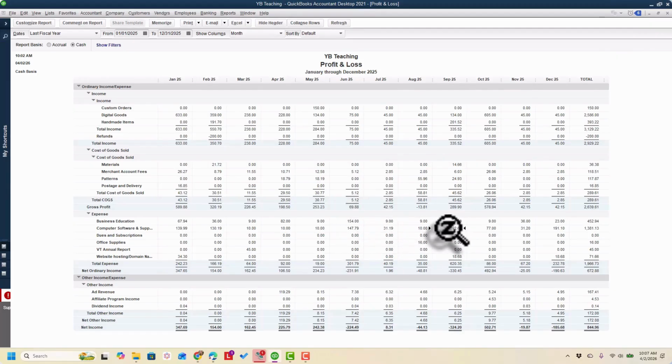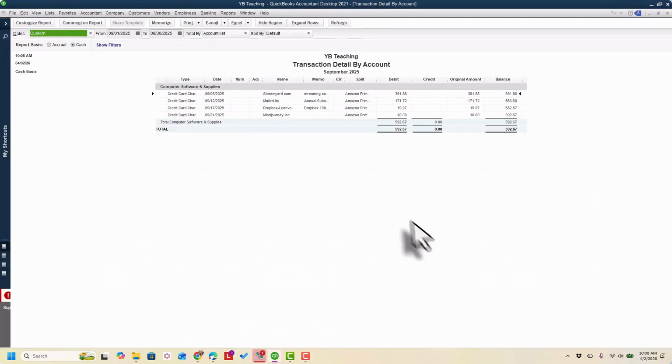But when I get to September, I've got almost $600 right here. And out of that, most of it was StreamYard. Almost $400. Now, StreamYard is great. I love it. I've had a subscription for, I don't know, 5, 6 years.